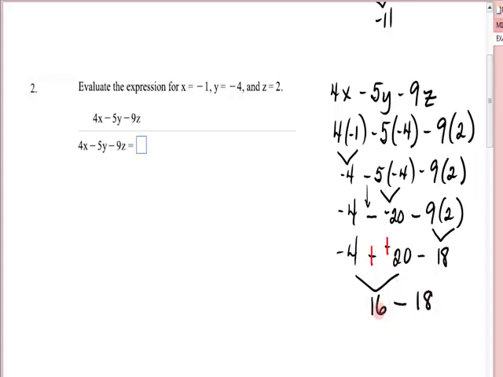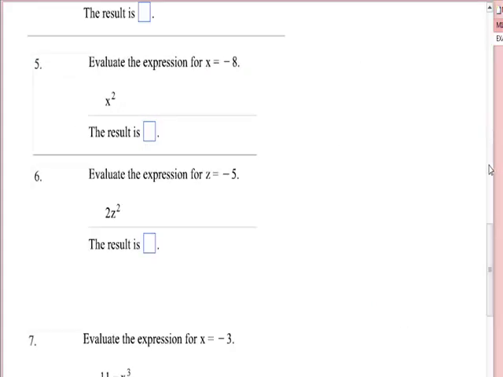Again, keep, change, change, addition rules. See, subtraction always turns into addition, so I'm using the addition rules. Positive and a negative, subtract, 2, the bigger one was a negative. The value of this expression is -2 with this value for x, y, and z.